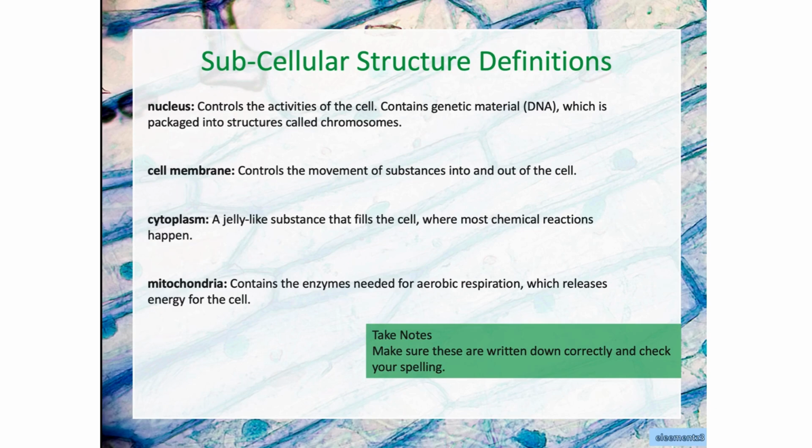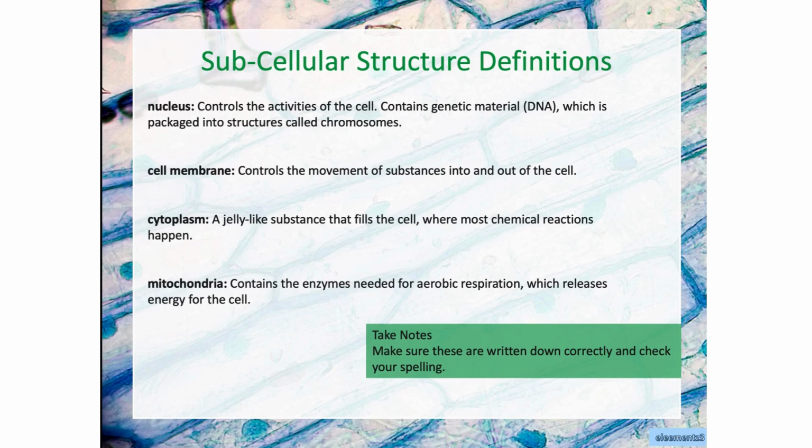Subcellular structure definitions. Nucleus controls the activities of the cell, contains genetic material DNA, which is packaged into structures called chromosomes. Cell membrane controls the movement of substances into and out of the cell.